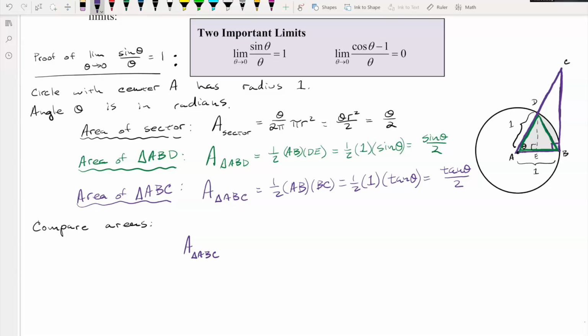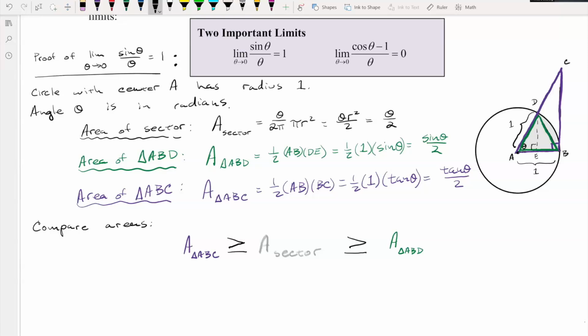Who is the smallest area? Sine theta over 2. Okay, green, right? Area of triangle ABD. And then which area is kind of in the middle there? The gray one. Area of the sector. And we have that this one is biggest and that one is smallest. So there's our inequalities, okay? And they're going to be equal to each other, of course, when theta is 0. If you imagine theta going to 0, all the triangles' areas will go to 0.